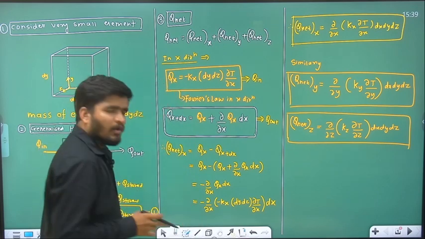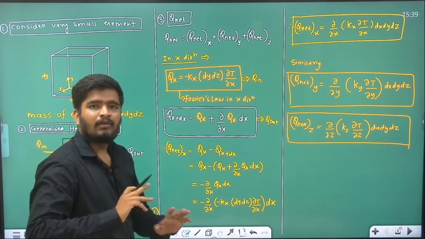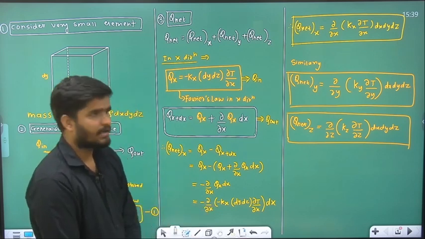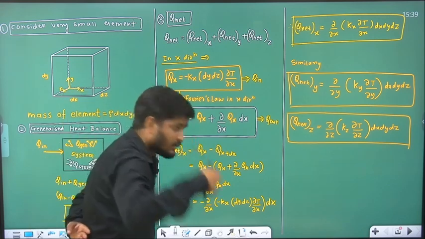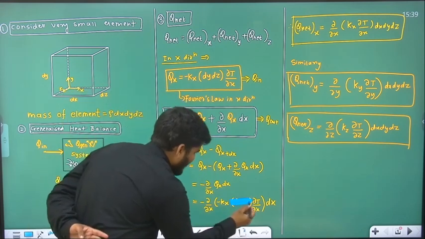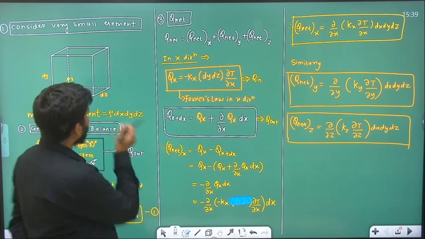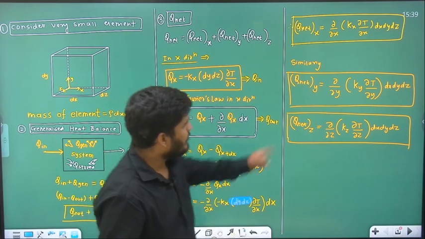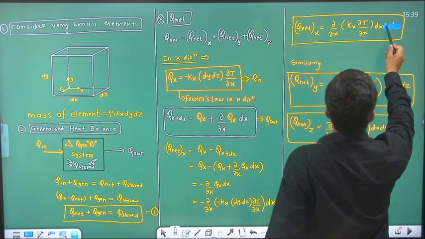See, we know that we never differentiate a constant, we always take constant terms outside. So you focus here, dy dz is what? Area, which is constant, the area of that element. So I have taken that area outside, dy dz.